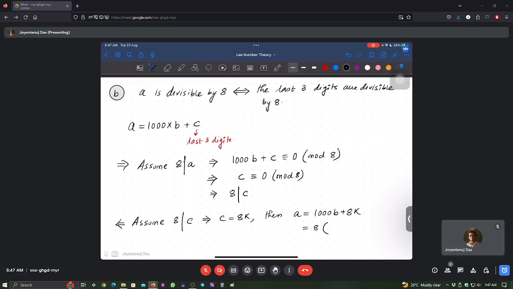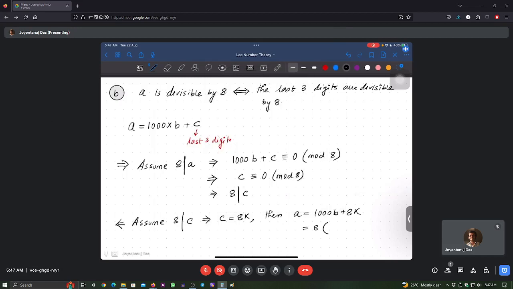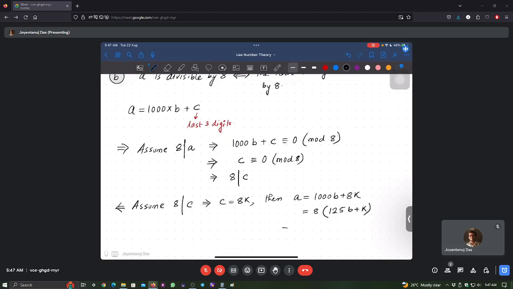What is 1000 divided by 8? 125. Right. So this implies that 8 must divide A.